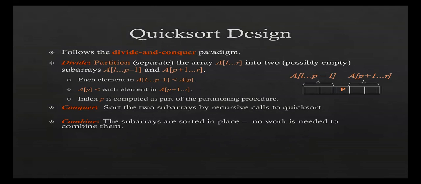Now the conquer step sorts the two sub-arrays by recursive calls, right? And the final step is combine. But in the case of quicksort, the sub-arrays are sorted in place. That's why no work is needed to combine them, right?